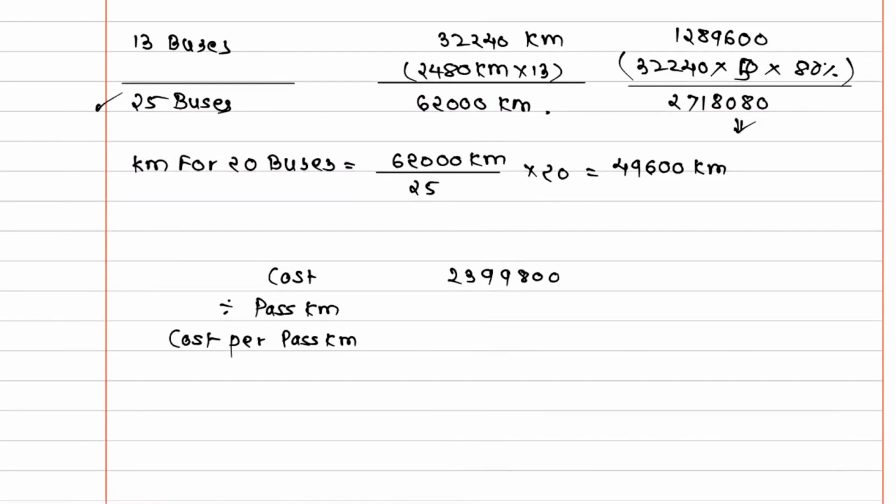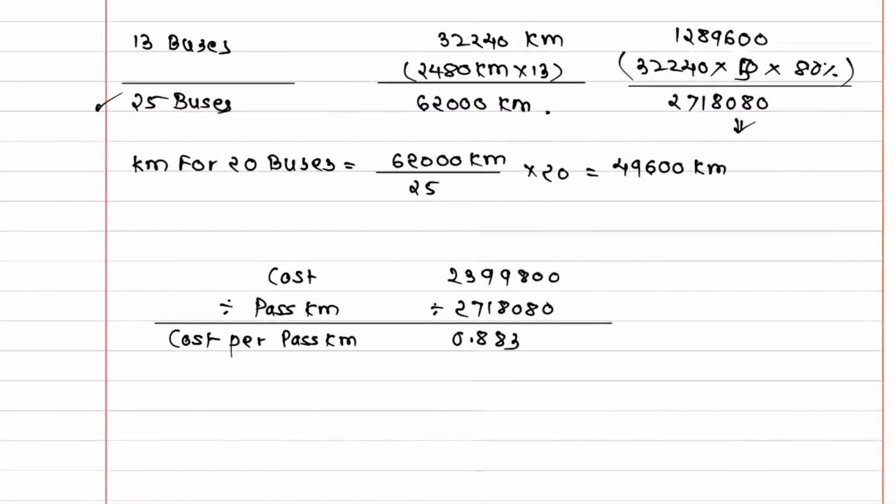So please do that. 2718080, and it will give you 0.883. Okay, 2399800. Fair enough. So 0.883. Sure? So that was the solution.